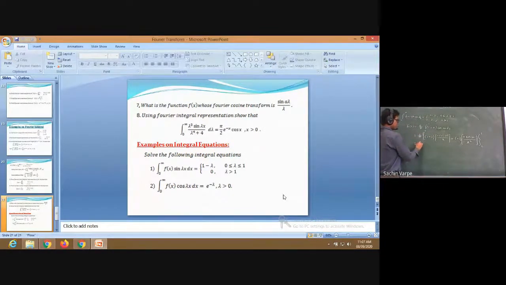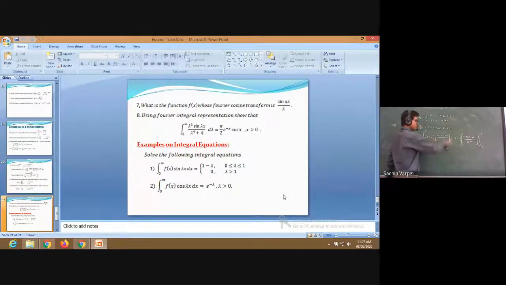At the upper limit 1, 2 by pi times, at lambda equal to 1. Now lambda was the variable, right? So we are substituting the value of lambda, remember, not x. So 1 minus 1 will be 0. Minus, minus, plus, and again minus, minus: at lambda equal to 1, sine x, minus, minus, plus, minus sine x upon x square, right? This is at the upper limit.